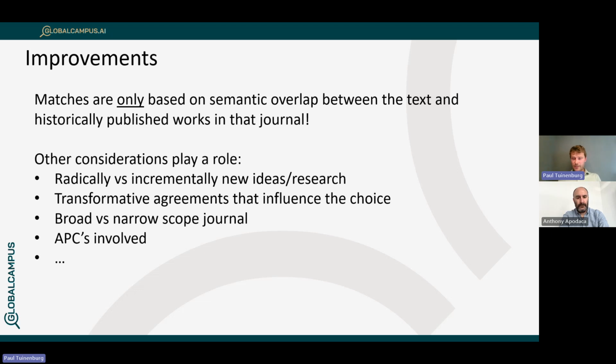So there are all sorts of other things that could influence a decision that are not part of the scope that we currently do. Currently it is really just based on the similarity in meaning of your manuscript and the published materials in that specific title. And there's definitely potential to improve.